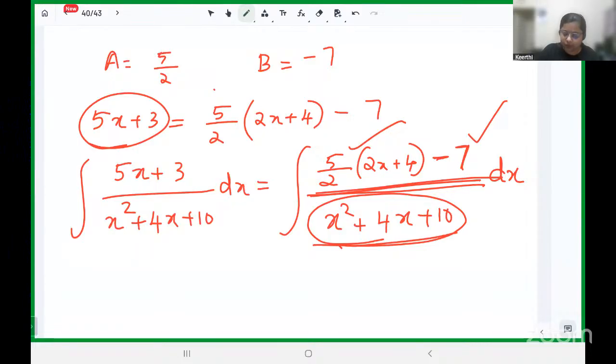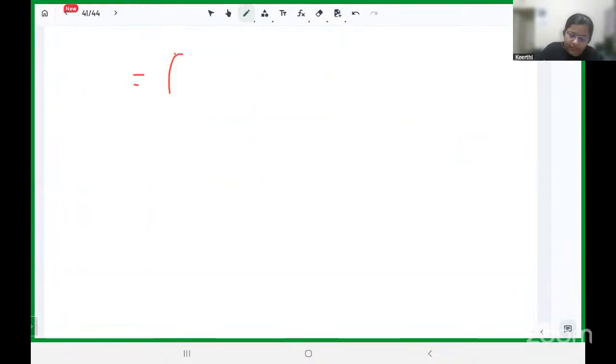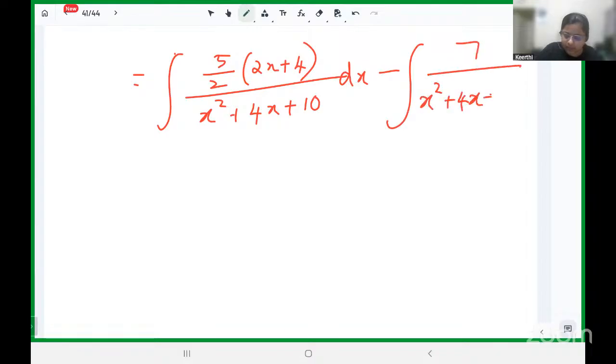Split it equally. So the next step will be the integral of 5 by 2 into (2x + 4) divided by x² + 4x + 10, dx, minus the integral of 7 by (x² + 4x + 10) dx.